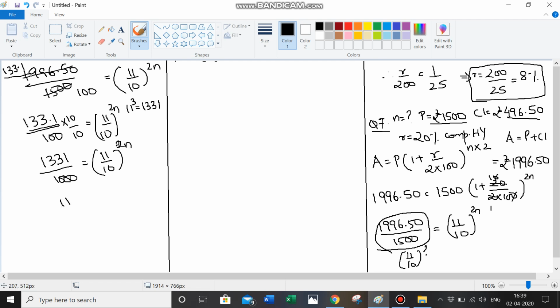This can be written as (11 upon 10) to the power 3 because 1000 is 10 cube. Since the base is the same, the exponents will be equal, which means 3 is equal to 2n, therefore n is equal to 3 upon 2, which is 1.5 years.